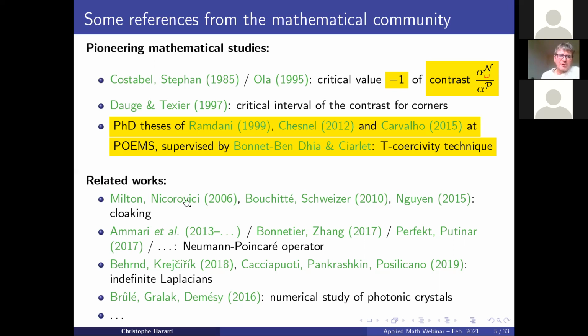There are a huge number of other articles, and here I give some references. Negative materials are used for studies about cloaking, and also the Neumann-Poincaré operator. There are lots of articles about this operator, which is the operator which appears when you look at the low frequency, the so-called quasi-static approximation of the equation I'm interested in.